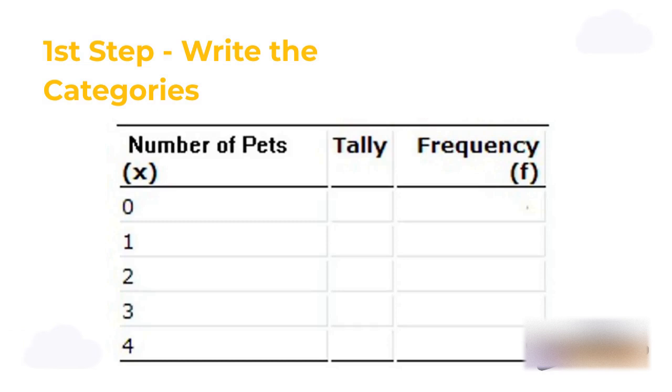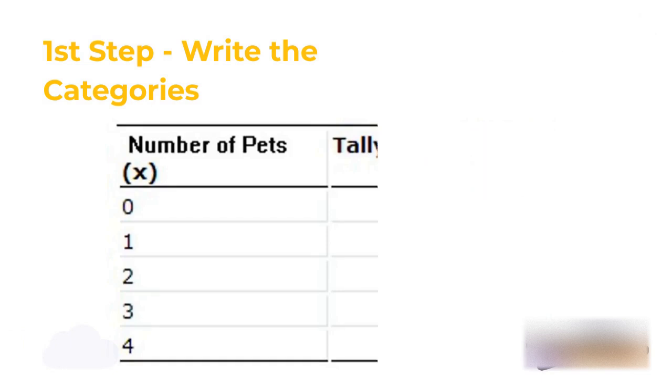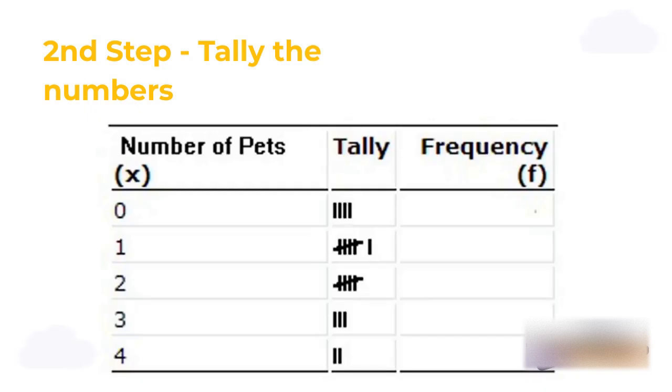To make the frequency distribution table, first write the categories in one column, which is the number of pets. Next is to tally the numbers in each category from the results before.